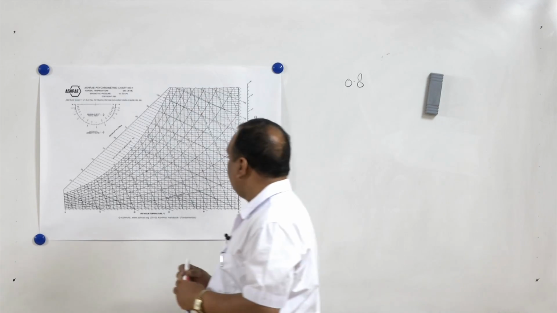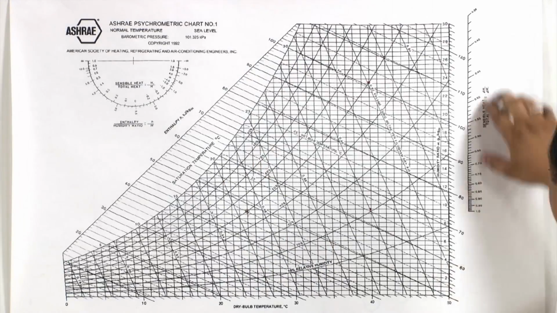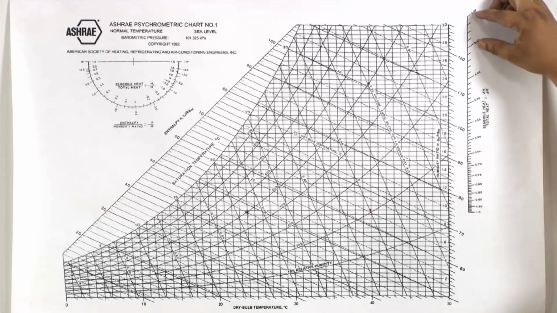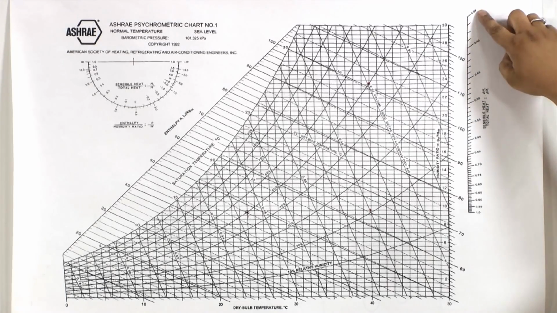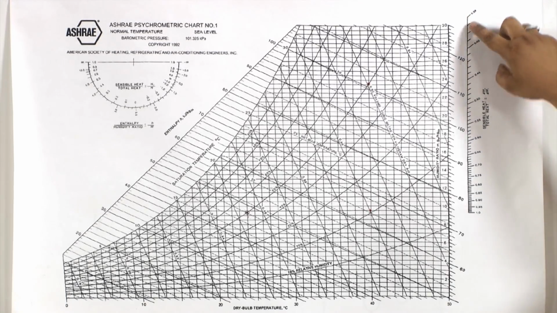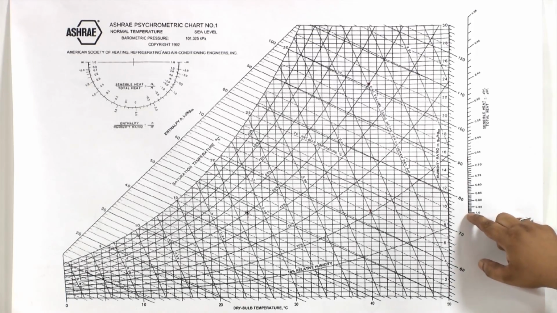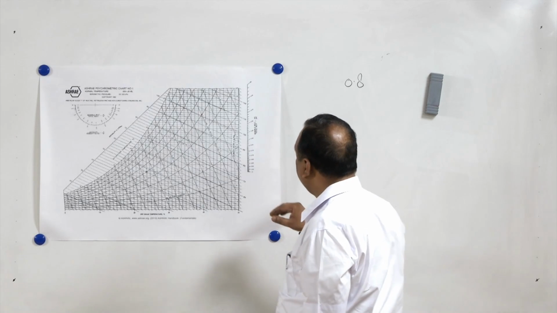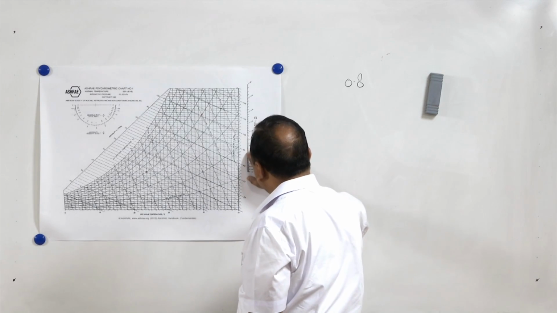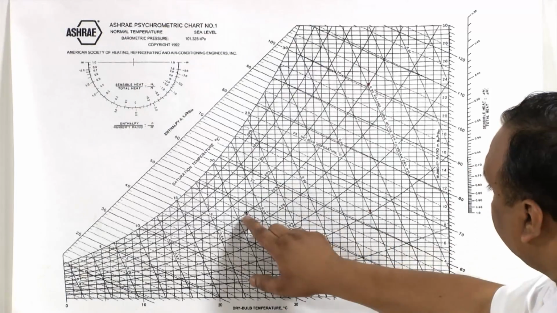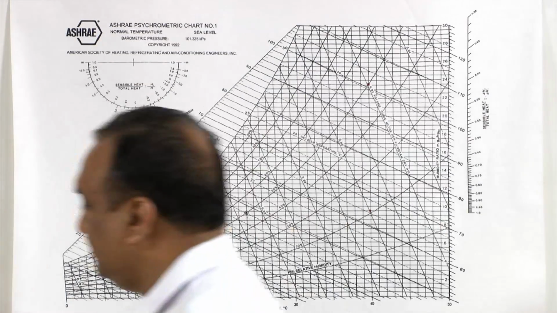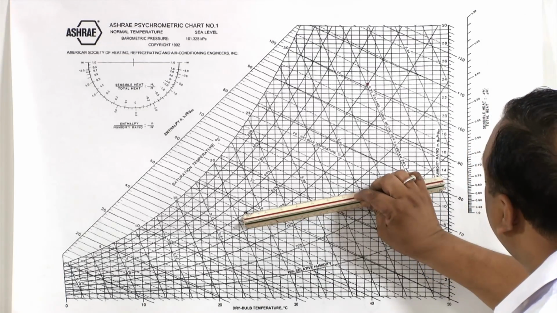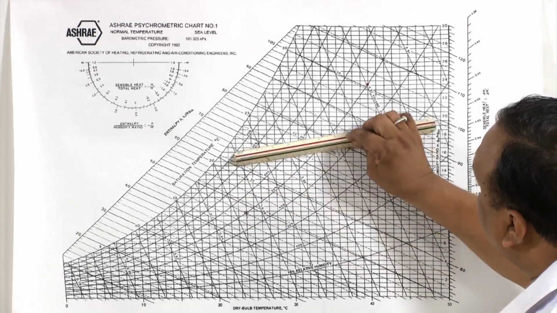These divisions, you can see, are not uniform. Here the distance between, say, 0.4 and 0.3 is large, but here if you look at 0.01 they are very close to each other. Now, I want to have a constant sensible heat factor line of 0.7. So, I will join this 0.7 with this ideal condition, and any line parallel to this line is a 0.7 line, so it will have the slope of 0.7.